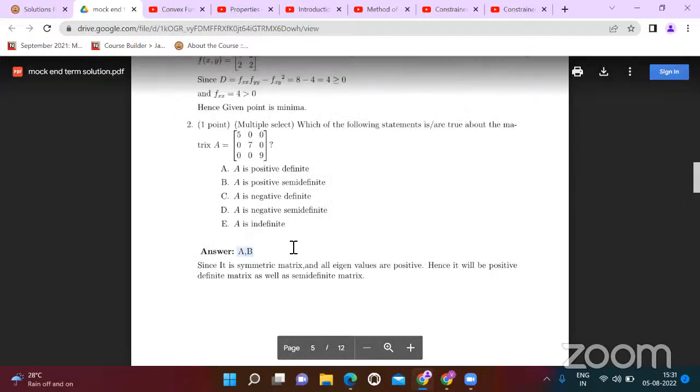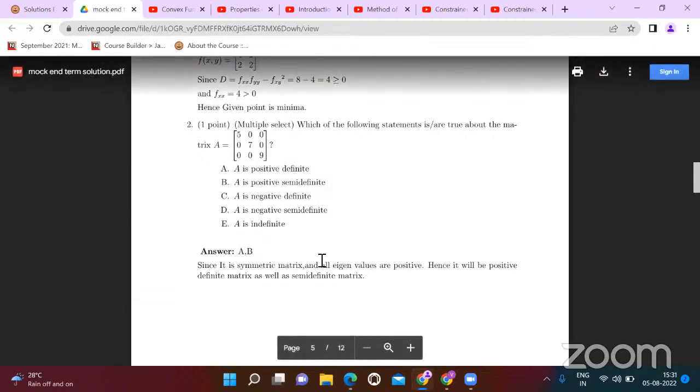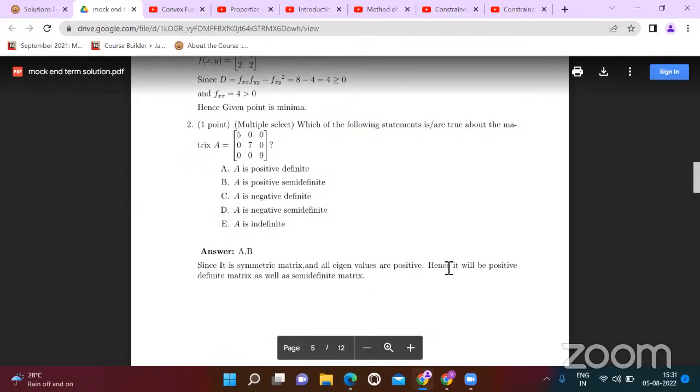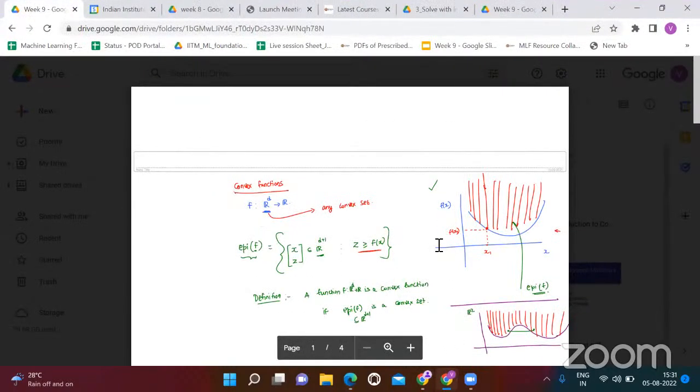Sir, in positive semi-definite, lambda is greater than or equal to 0. Yeah, that holds true. But one of the lambda should be 0 for semi-definite. So in semi-definite, some lambda should be equal to 0.